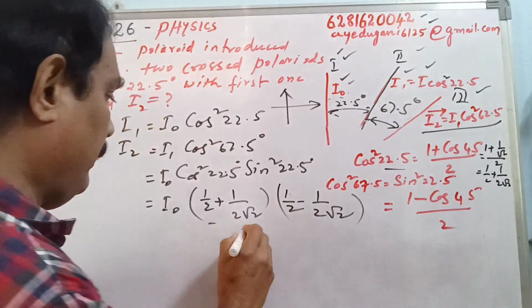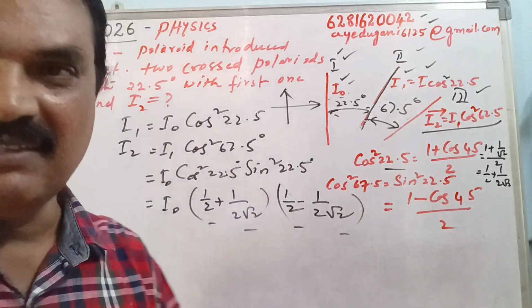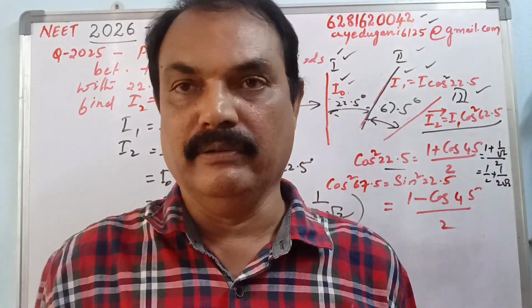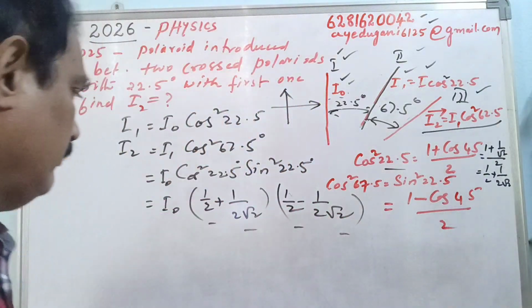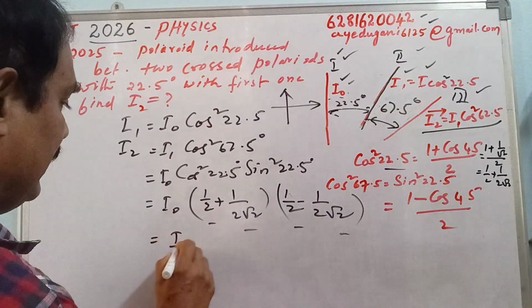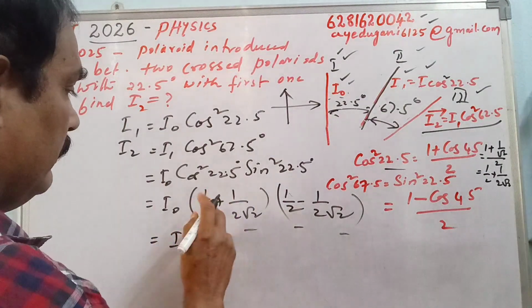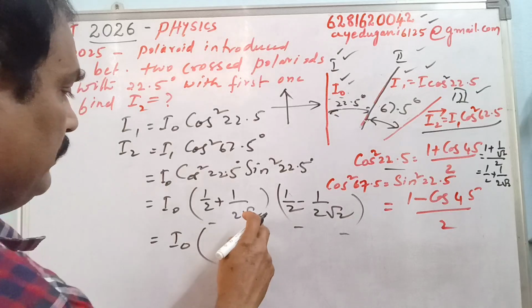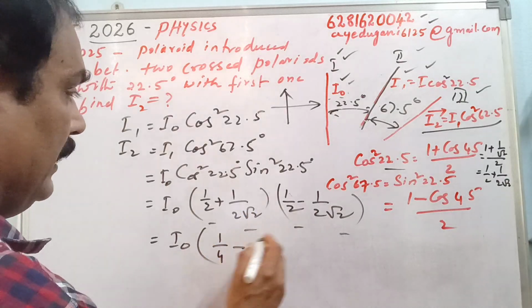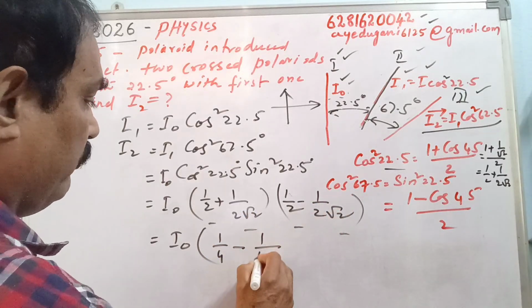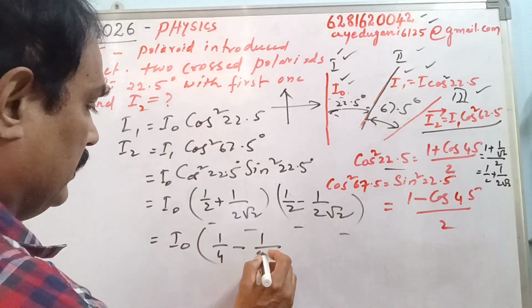So this means (A plus B)(A minus B). This is very simple. Already you know very well. So this simple one you can easily calculate here. It is A square minus B square. A square means 1 by 4, minus B square means 1 by 4 into 2, which will become 1 by 8.